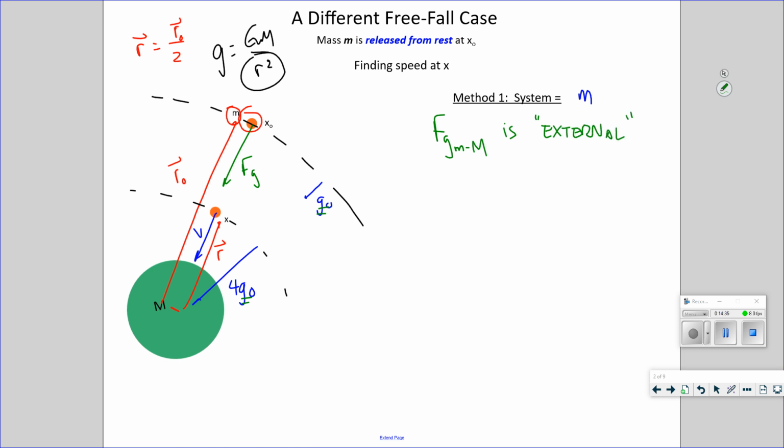Since our system is comprised only of mass m, and mass big M is not part of that system, a force applied by it is a force applied by something outside of our system. Thus, that's called an external force.